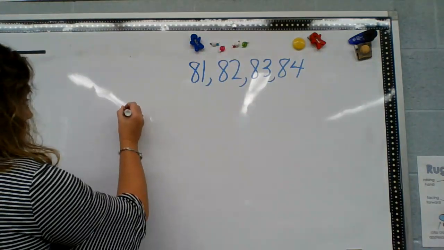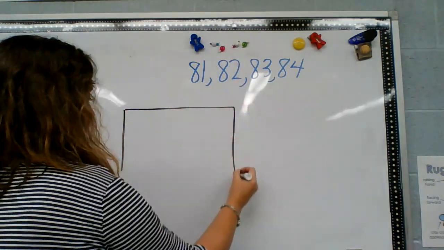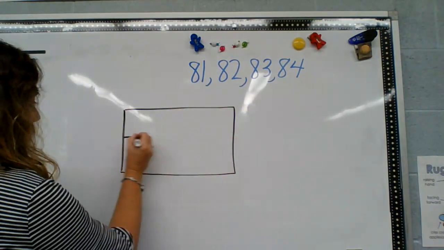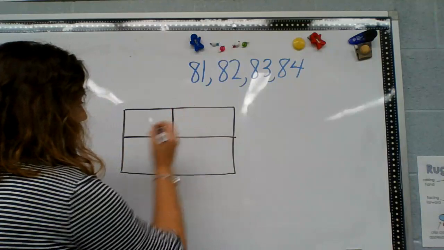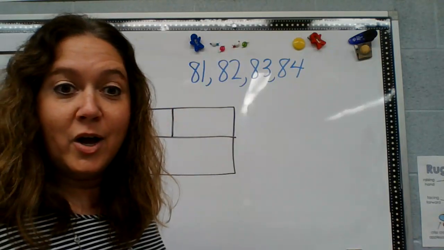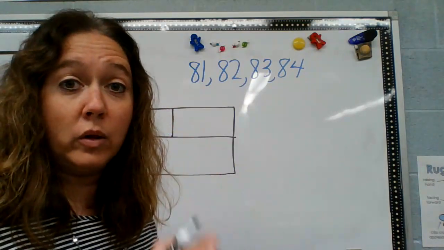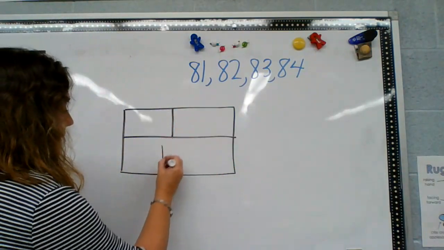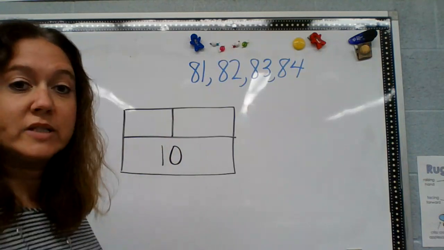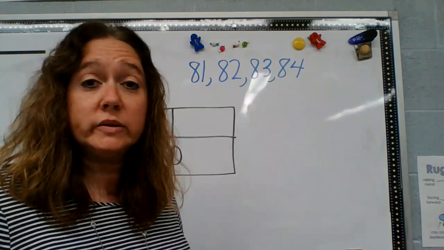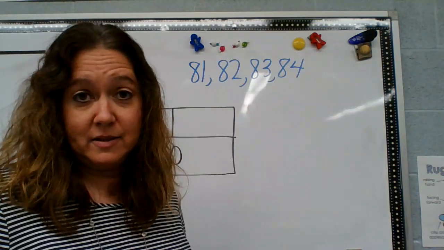We have done something like this before where you're doing part, whole. Okay? Every time today, the whole is going to have 10. Every time there's going to be 10, and we're only going to know part of it.